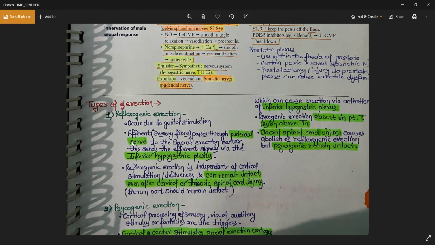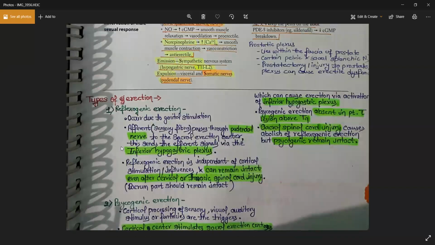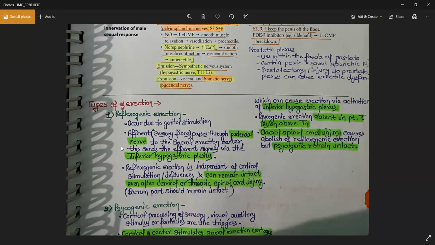It will take the impulses to the sacral center, that the center for erection is present in the sacrum. From the sacrum, you will have the efferent signals, and those traverse via the inferior hypogastric plexus. So for the afferent limb, pudendal nerve. For the efferent limb, inferior hypogastric plexus, and that's how you get the erection via a reflexogenic mechanism.